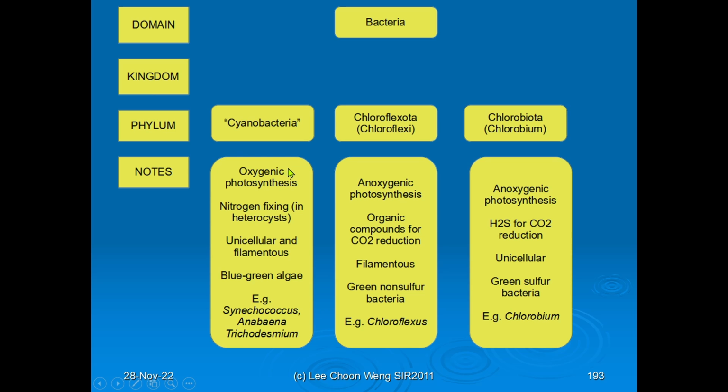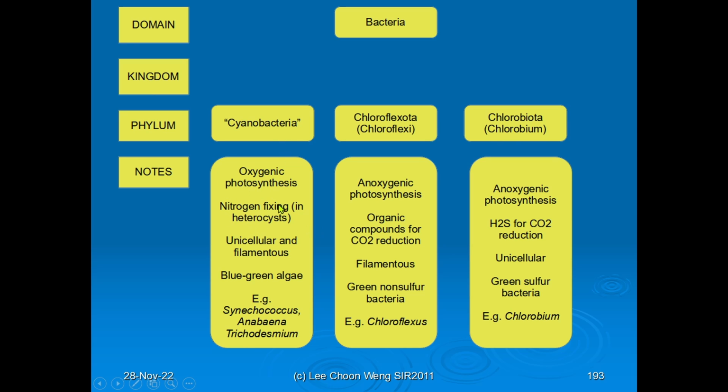Oxygenic photosynthesis means that when the cyanobacteria carry out photosynthesis, oxygen is generated, whereas for Chloroflexota and Chlorobiota, no oxygen is generated when photosynthesis is carried out. The names in the brackets are the previous names for the phyla.